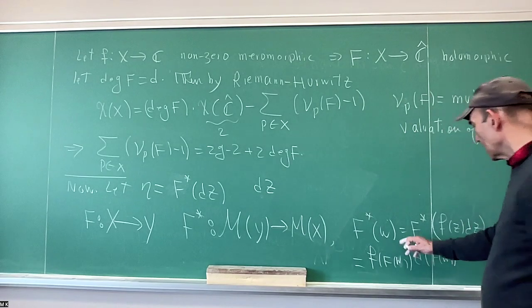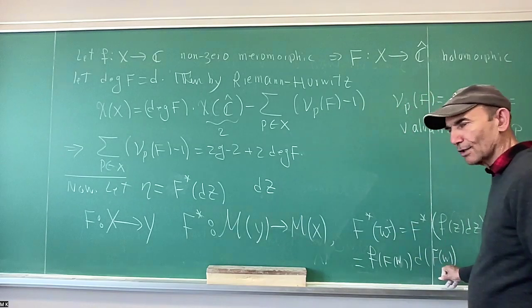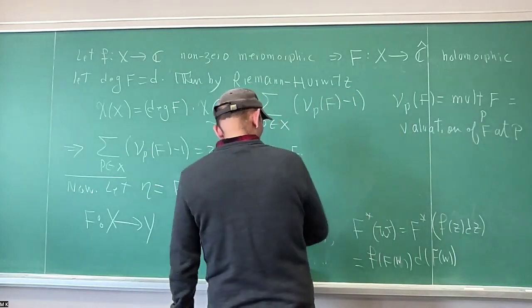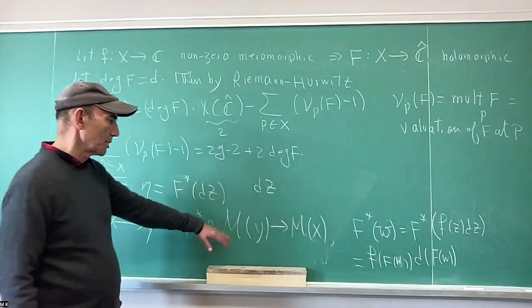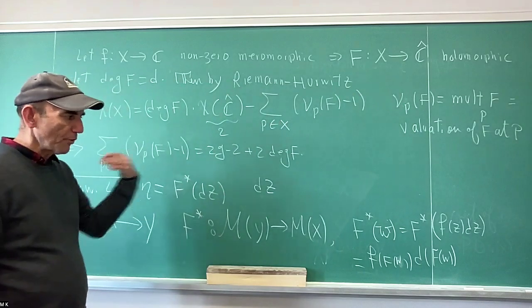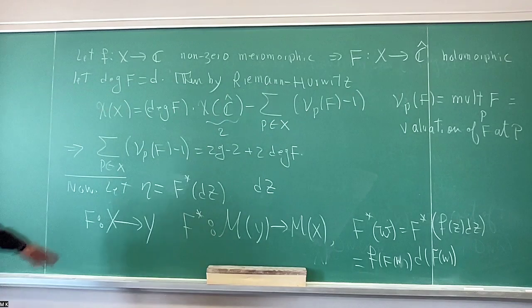I'm thinking of this as the one-form, and w is a coordinate on X. This is very general. You can pull back forms, and you can pull back functions. You can pull back the whole de Rham complex, actually. That's what we are using.